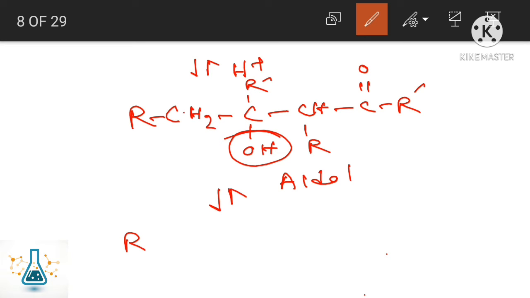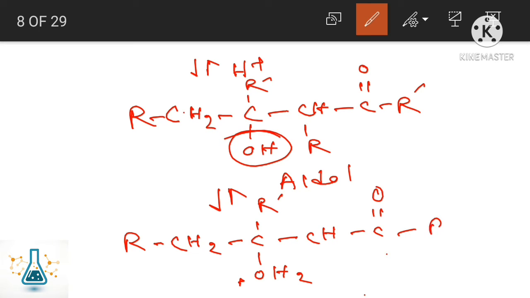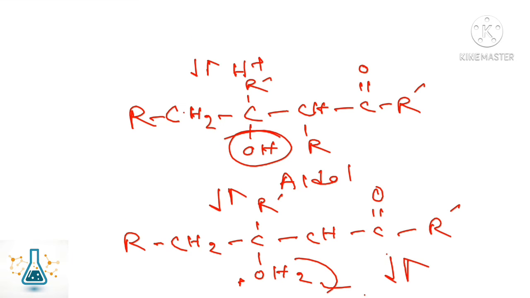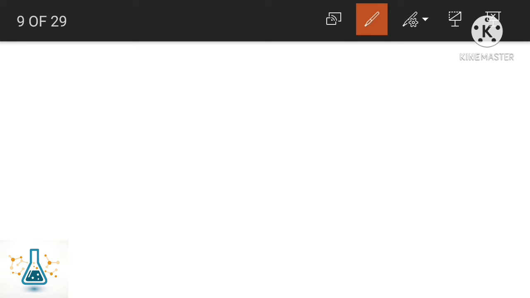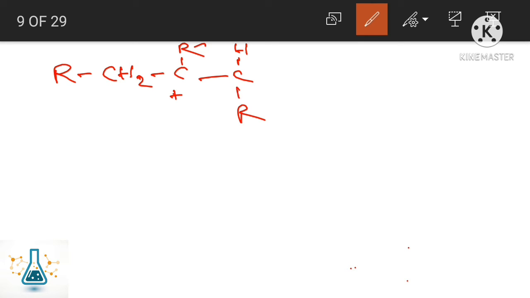So RCH2 CH2 plus R prime CH CO R prime, and then it will eliminate, and we will get a carbocation: RCH2 C plus R prime CH R double bond R prime.